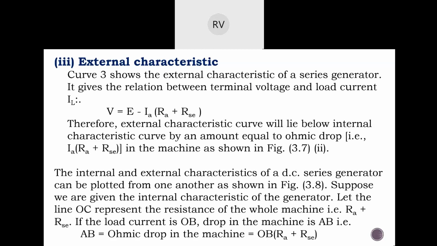Here we know that the terminal voltage is given by V = E - IA (RA + RSE). This is the relationship for the series generator. Therefore, the external characteristic curve will lie below the internal characteristic curve by an amount equal to the ohmic drop, that is IA (RA + RSE) in the machine, as shown in figure 3.7.